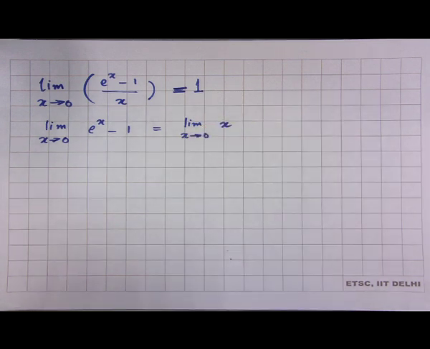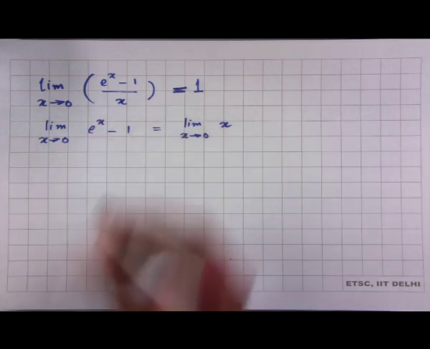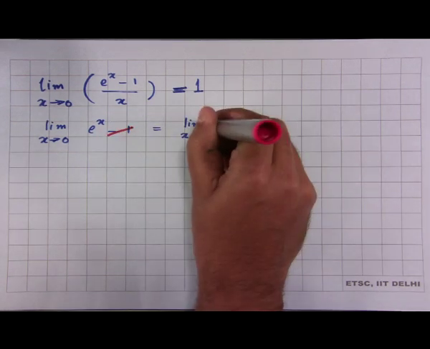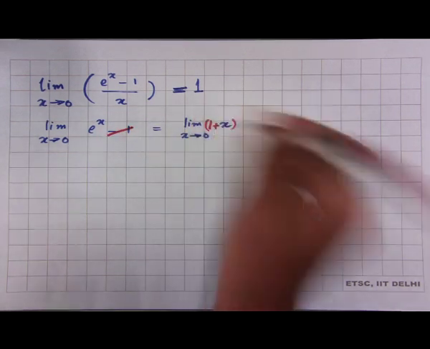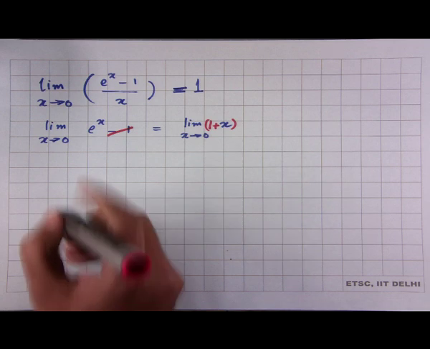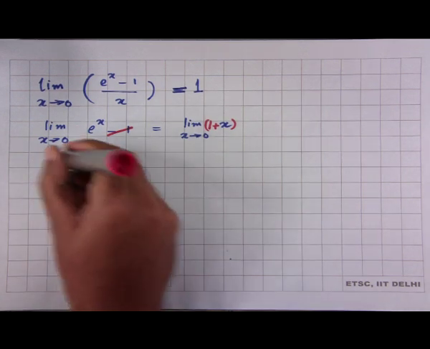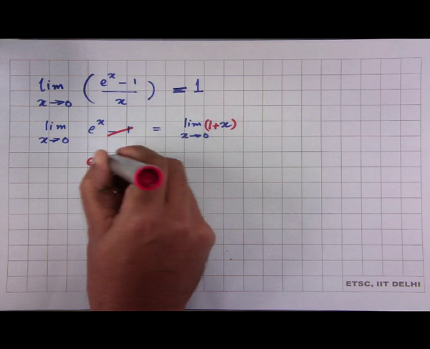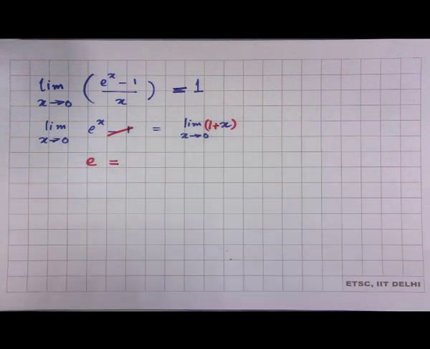okay. Or in other words, you add 1 on both sides, okay, and then you take to the power 1 by x on both sides.